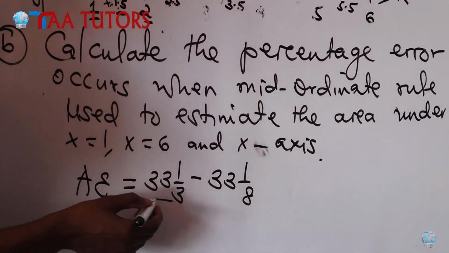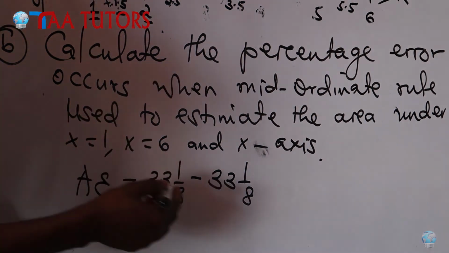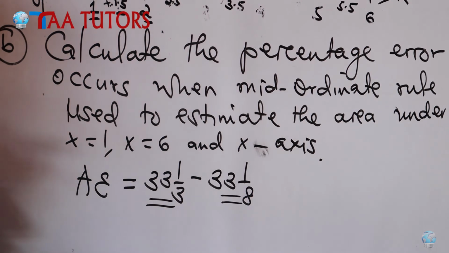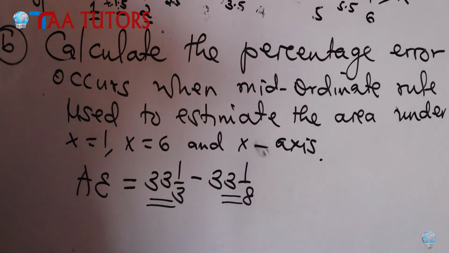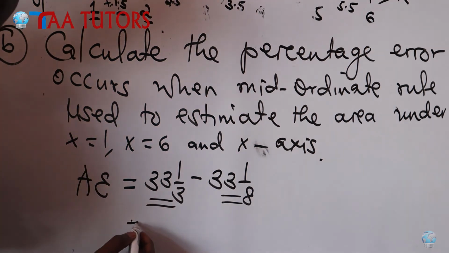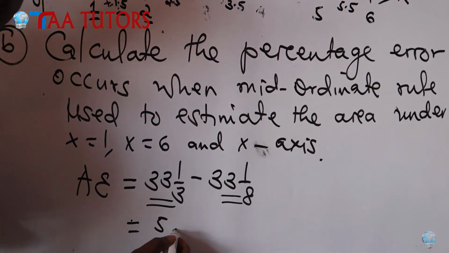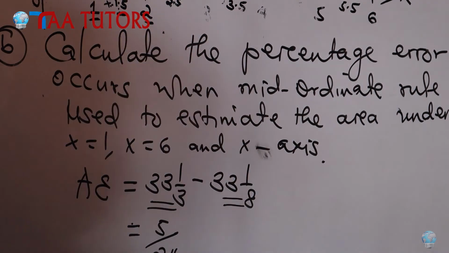This is the exact area, which is bigger, minus the smaller area by the midpoint rule. That will give us 5 over 24 square units. This is the absolute error in the area.